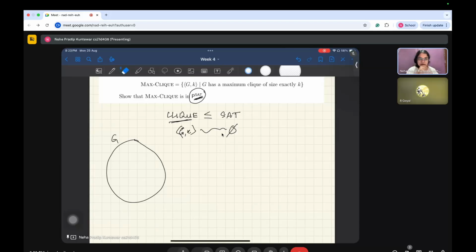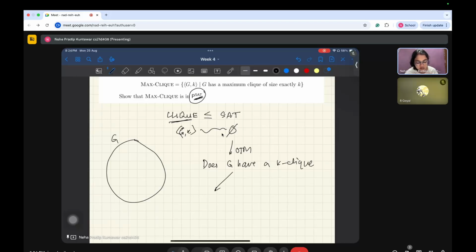Fine, understood. Then the answer from the oracle will tell us whether G has a click of size k, or a k click.